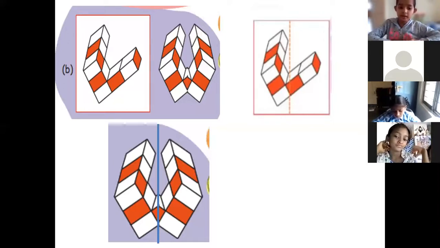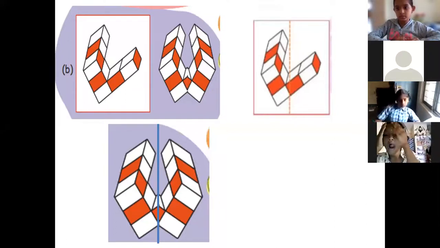Sir, we have a mirror, but how to keep it? The mirror you have to keep, means not the mirror you use with the frame and everything. Without frame, only the mirror glass. That's why I told you be careful.